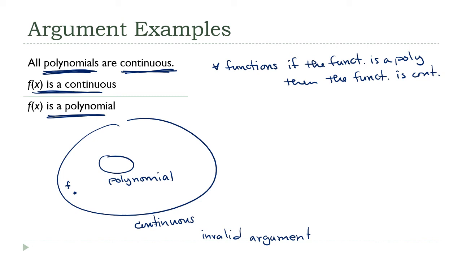So if I let the function is a polynomial, that'll be p. The function is continuous, that will be q. What I have here is for all functions, p of x implies q of x.